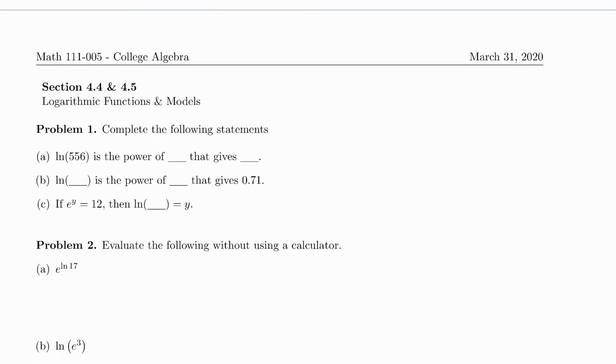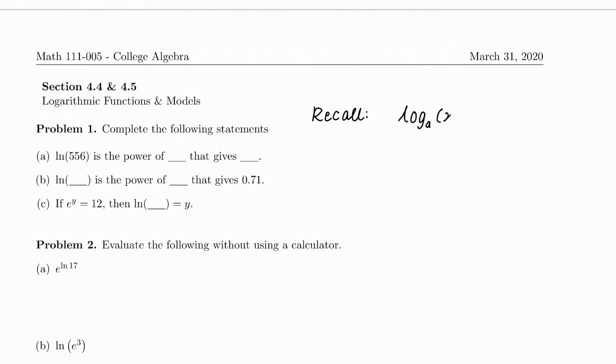So we need to complete the following statements. ln 556 is the power of what that gives what? So let's remember our formula. I want to use the same one that we've been using, so I have to look back in my notes to make sure I'm using the right letters.